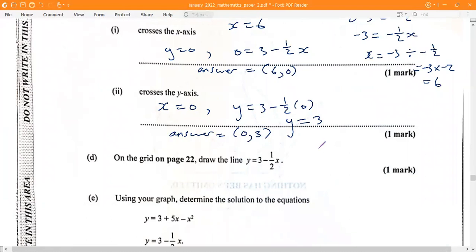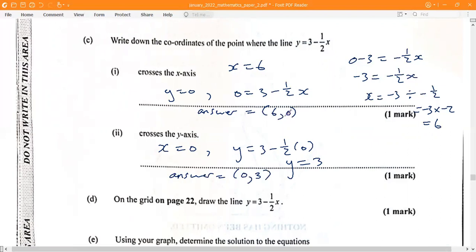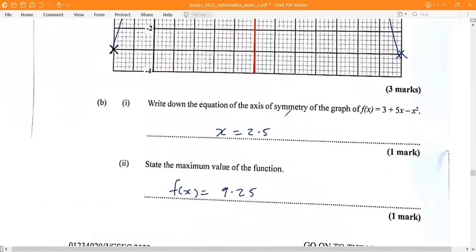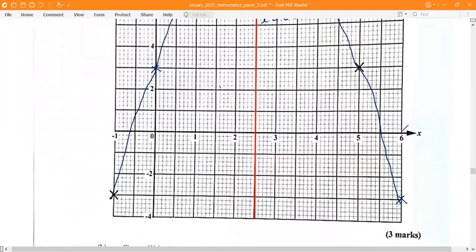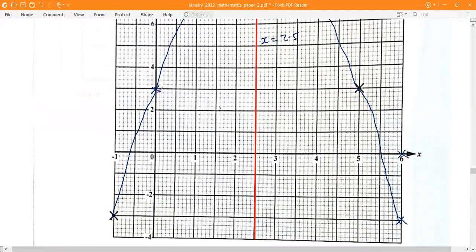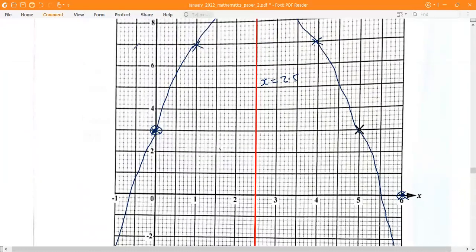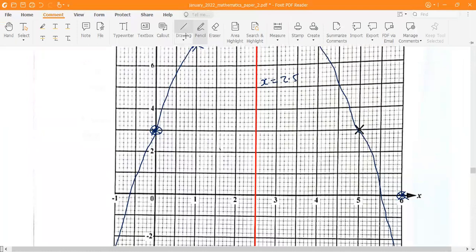Okay, on the grid on page 22, draw the line y is equal to 3 minus 1/2 x. So we have these 2 points, (6, 0) and (0, 3). So (6, 0) is here and (0, 3) is here. We use a different way of marking the points, and then we just get a straight line to draw.